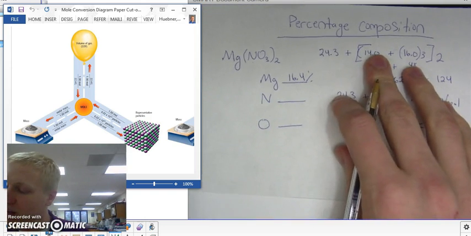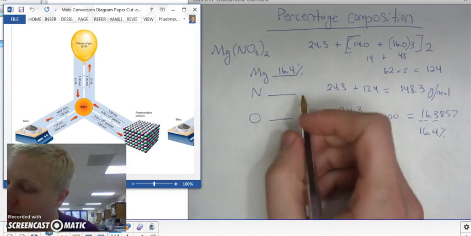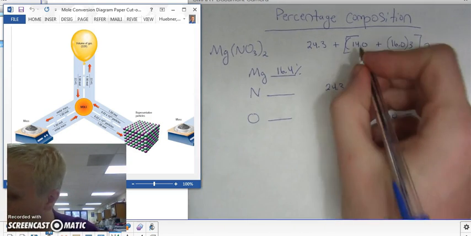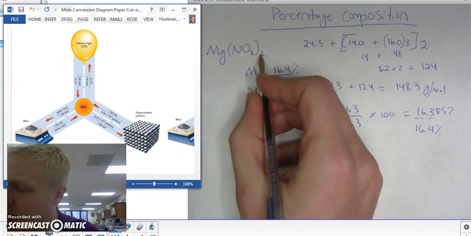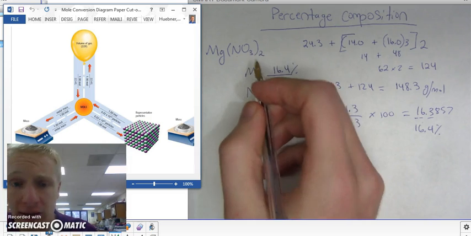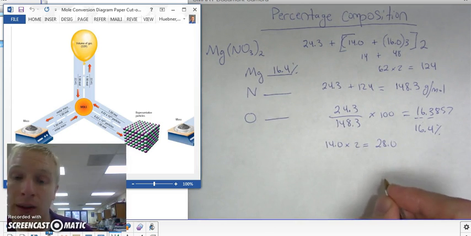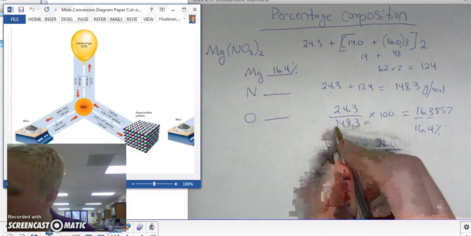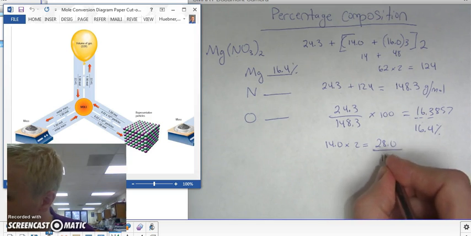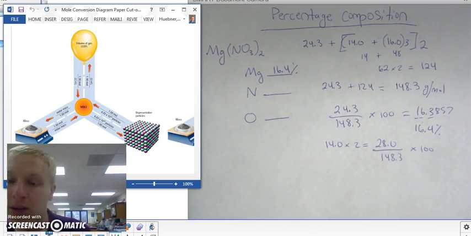I'm going to continue on, and I'm going to do the same thing for nitrogen and for oxygen. So nitrogen, there's 1, and we said the atomic mass of nitrogen is 14.0, but this 2 means I have 2 nitrogens. Multiply it by 2, 28.0. I'm going to divide my total mass of all of my nitrogens by my mass of the entire compound, which we said was 148.3, times it by 100 to put it in terms of percent.